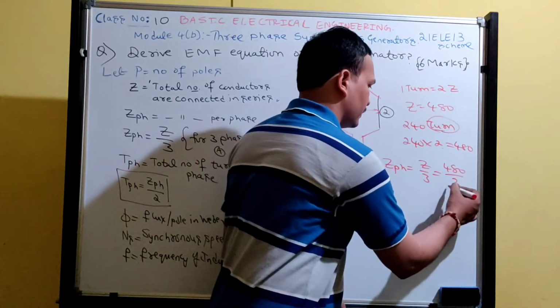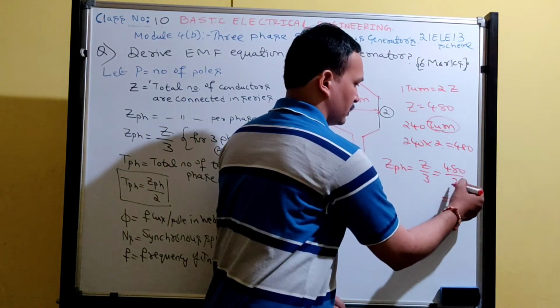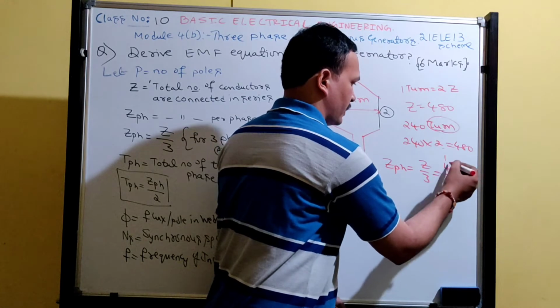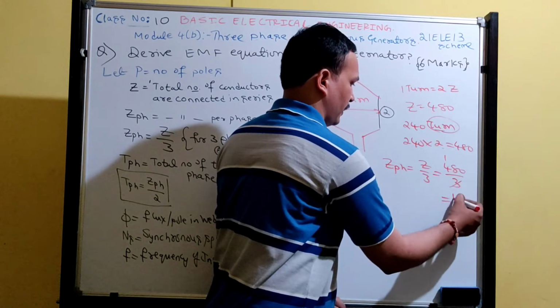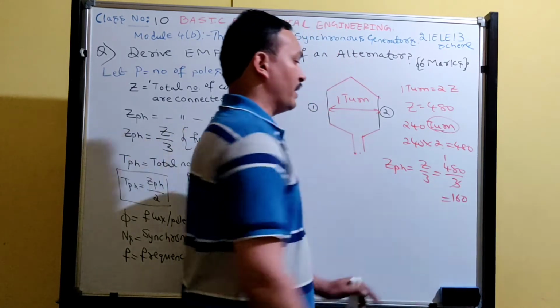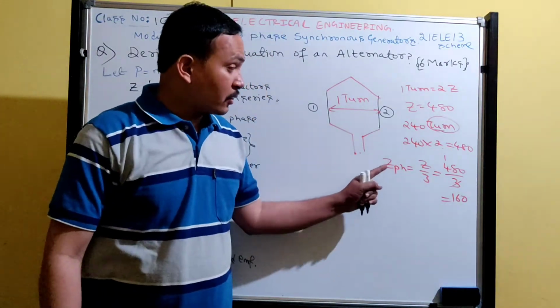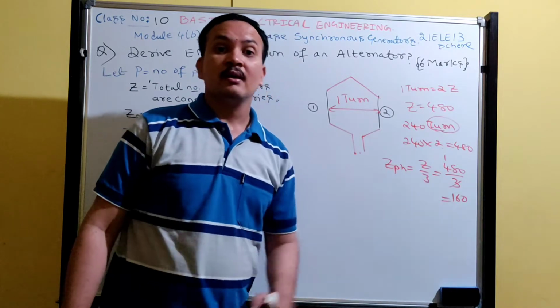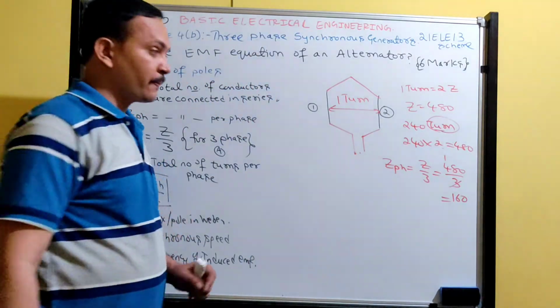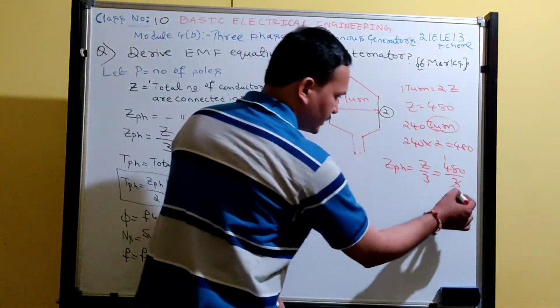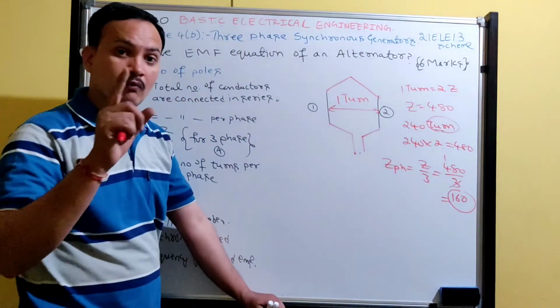If I divide by 3, 3 into 480, we get 160 conductors. So there are 160 conductors per phase.